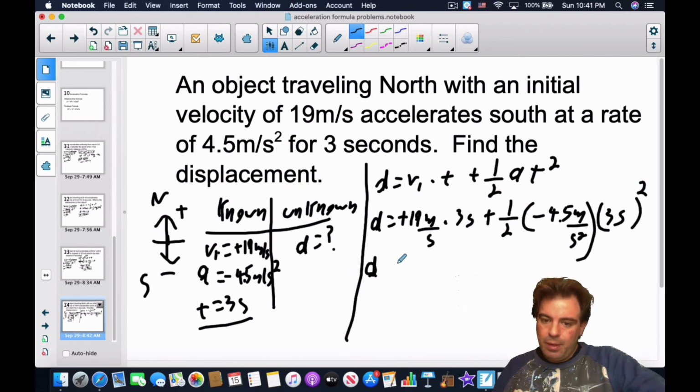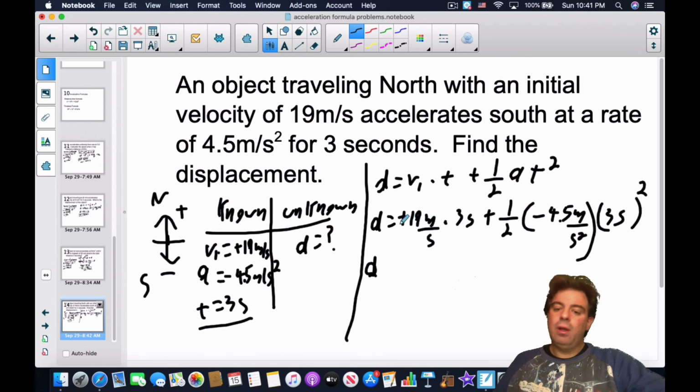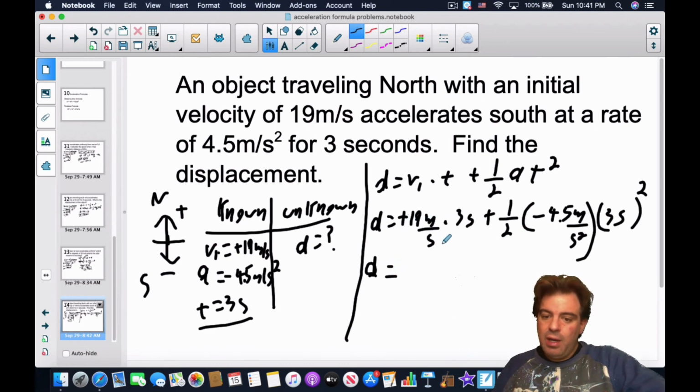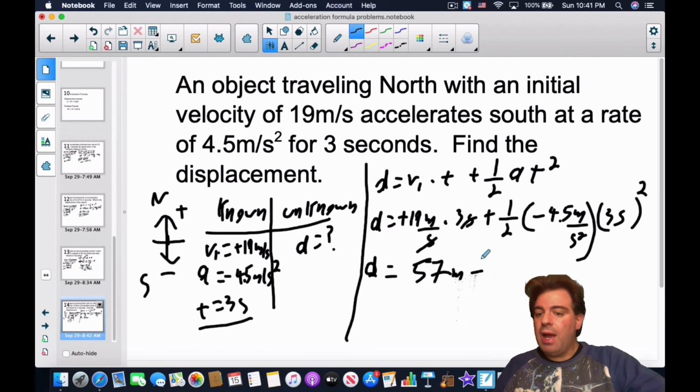Now, because they're unified by positive, let's first do the calculation on this side, and then let's do the calculation on this side, and algebraically add them or subtract them. 19 times 3, I believe everybody would agree it is 57, okay? And of course, these seconds cancel, and then it's meters. And now, we quickly see here that we have positive times negative times positive. So that's going to make it, instead of positive now, the sign is going to flip, and it's going to be now negative.